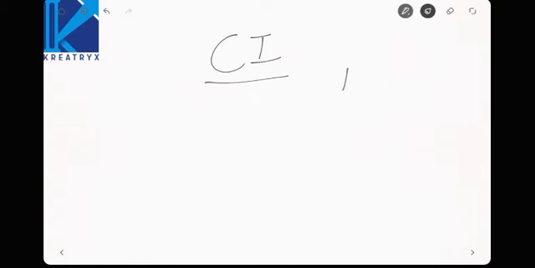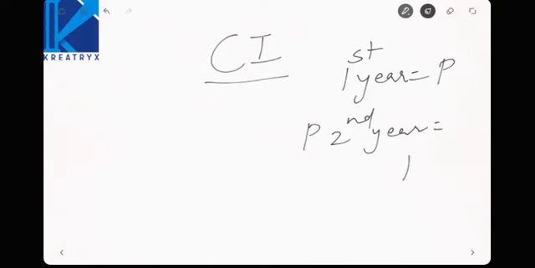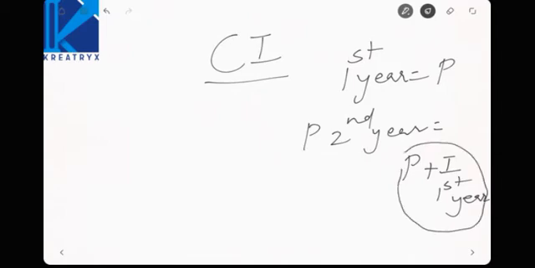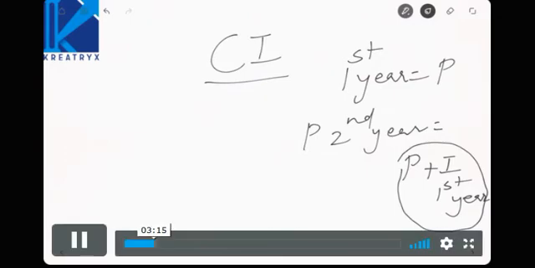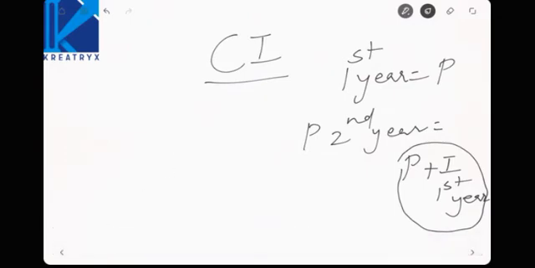For the first year, principal will be P. For the second year, principal will be P plus interest of the first year. For the third year, what will be the principal amount? The principal of the previous year plus the second year interest. So there will be no equal principals in compound interest.